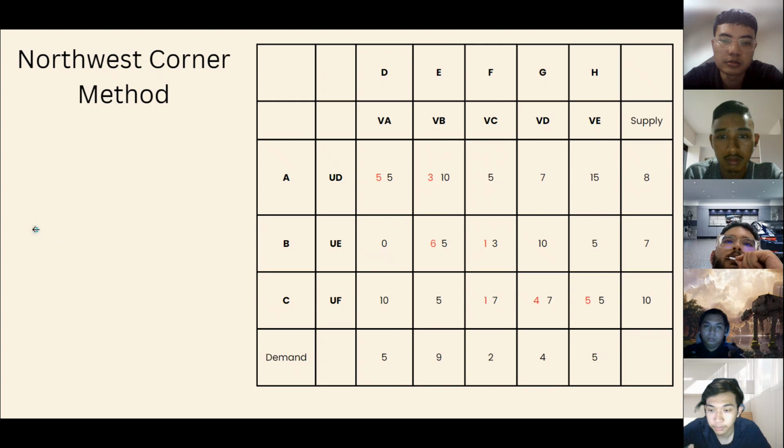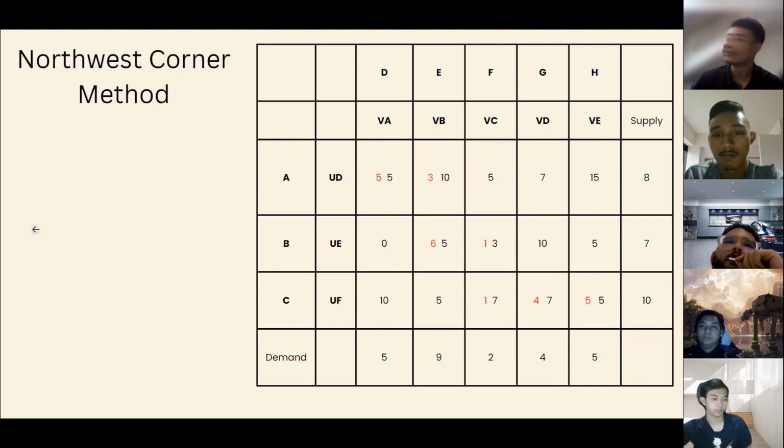So this will do the northwest corner method. We know that the supply is 8, 7, and 10, and then we have the demand for each of D, E, F, G, H as 5, 9, 2, 4, 5 respectively.